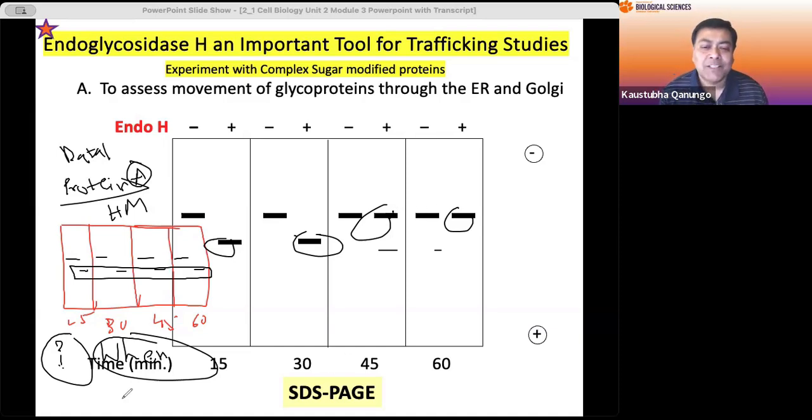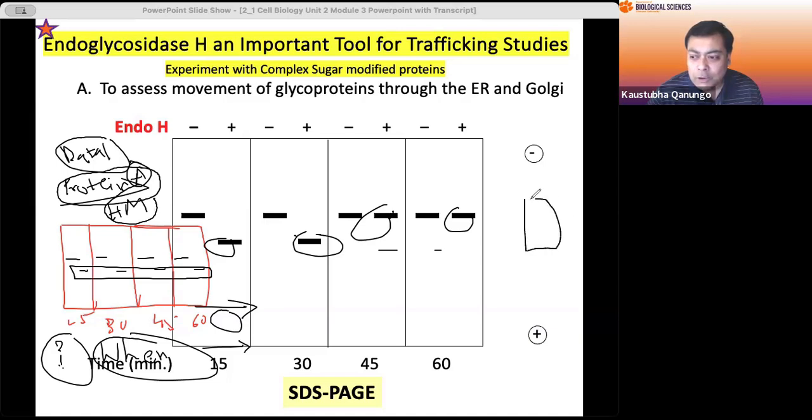And now I ask when the protein A passed the medial Golgi. Most of the people choose that maybe after 60 minutes, it will be modified. But remember that we said in your data set 1, your protein A, completely matured, was still showing a lower band because high mannose is always sensitive to EndoH.